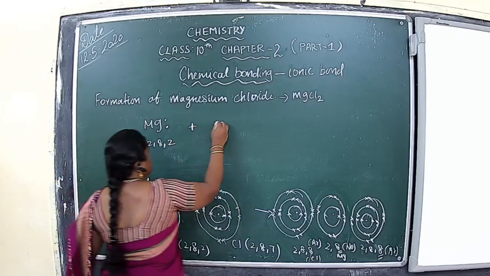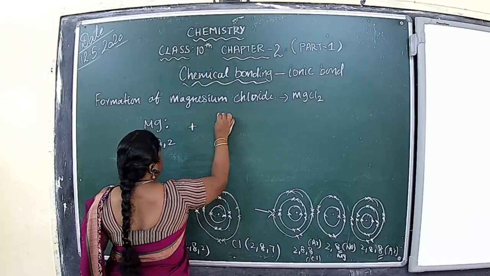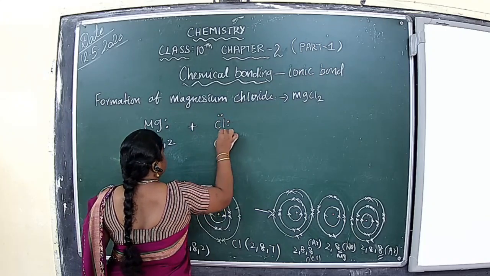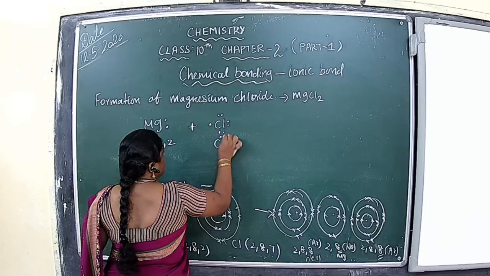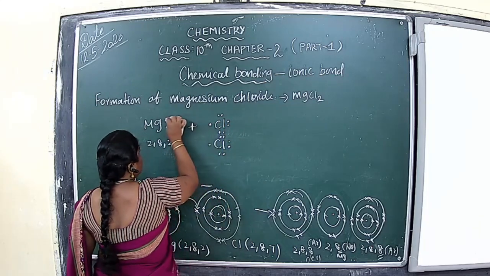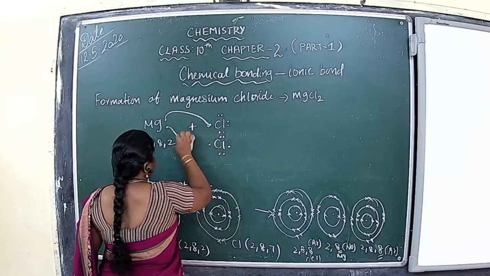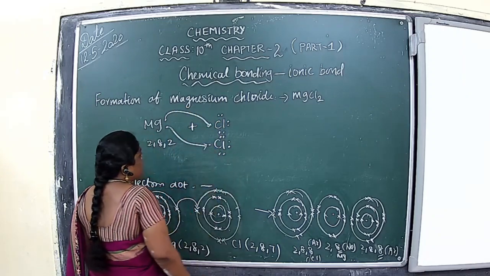Then 2 chlorine, with 7 electrons each. One chlorine gains 1 electron, another chlorine gains 1 electron.